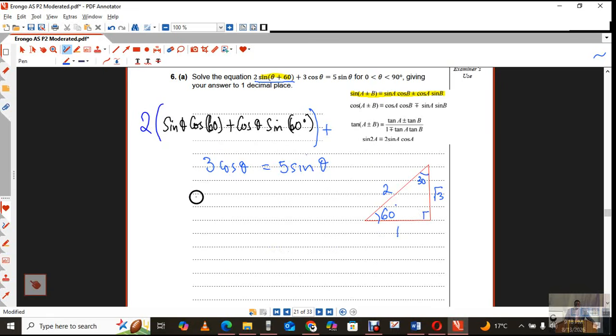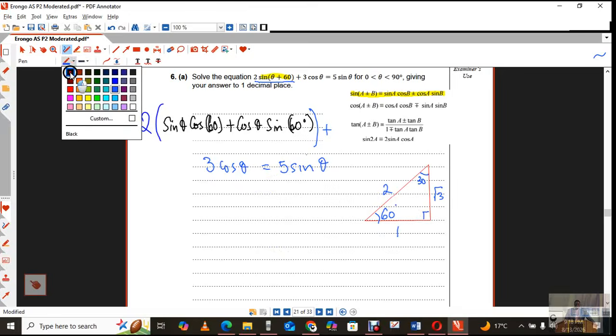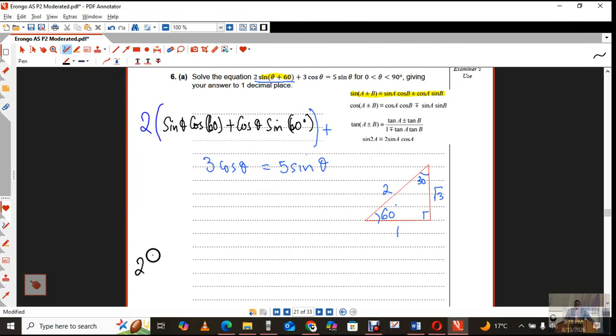Good. So, starting all the way here, the 2 is outside, I have cosine of 60. Cosine of 60 is 1/2. You can use your calculator. That's cosine of 60. Then I have sine of 60, which is root 3 over 2.